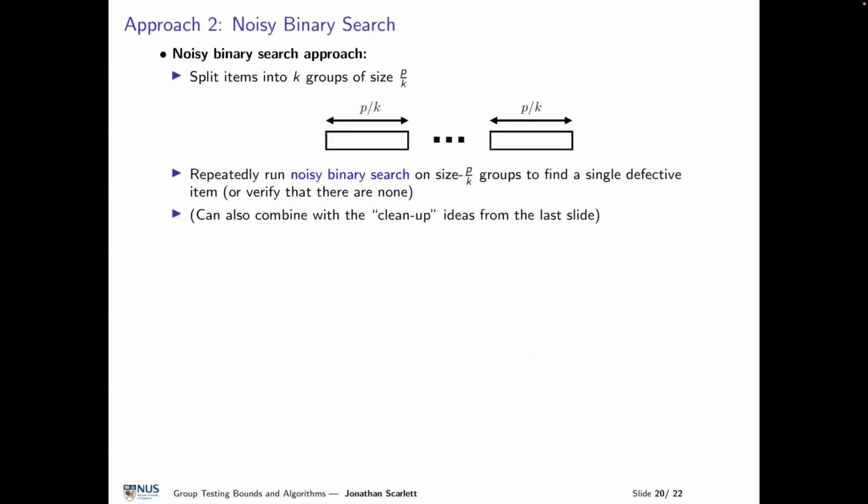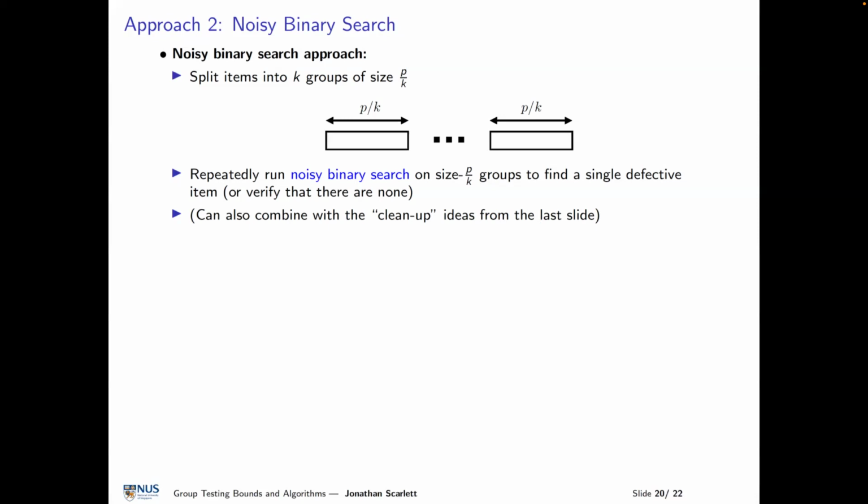In a more recent paper, we used noisy binary search. Again, it feels like maybe someone should have thought of this earlier, because binary search was so successful in the noiseless case, and noisy binary search is a well-studied topic. So why not just use the same idea as before, but use noisy binary search instead of regular noiseless binary search? And that does work well.